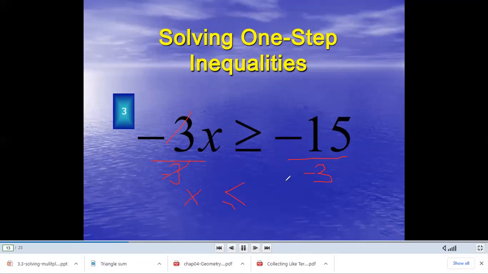It will be x is less than or equal to 5. To represent it graphically, we draw the line and stop on 5. It will be a shaded circle, and x is less than, so we will move to the left side.